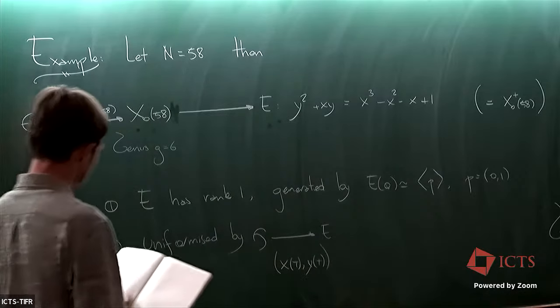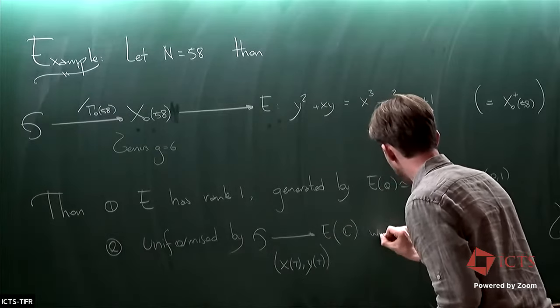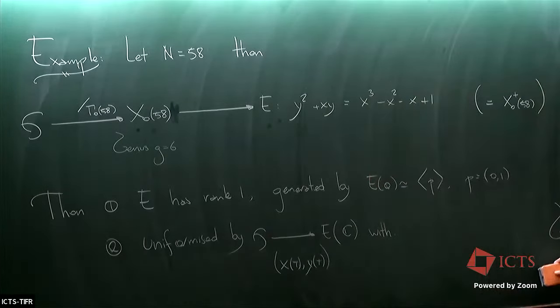So this will go to the C points, where now our task is to find this x and y. So they're functions, really, on the upper half plane that are holomorphic, except at infinity.